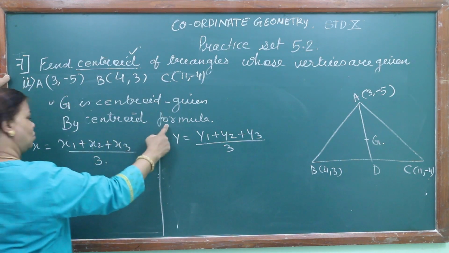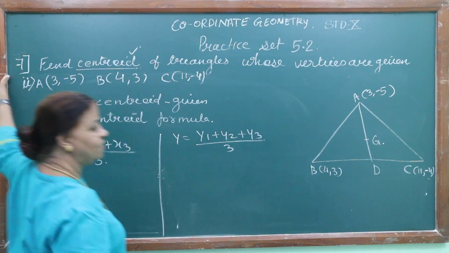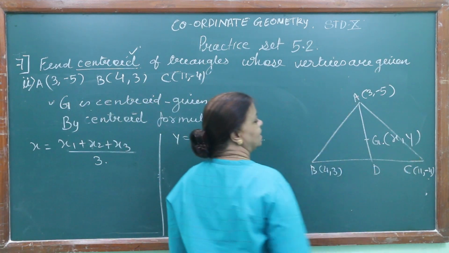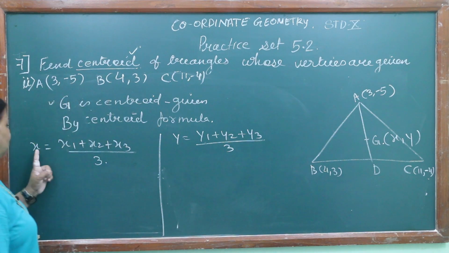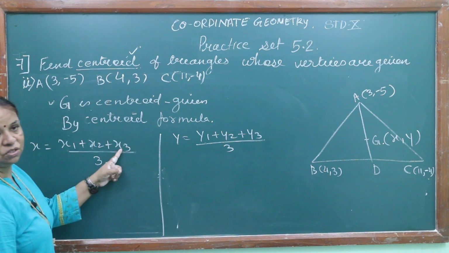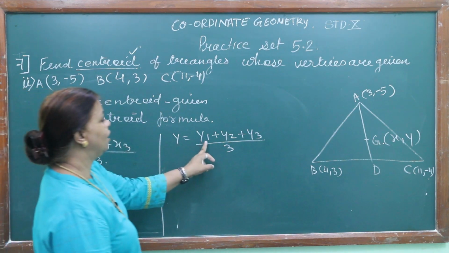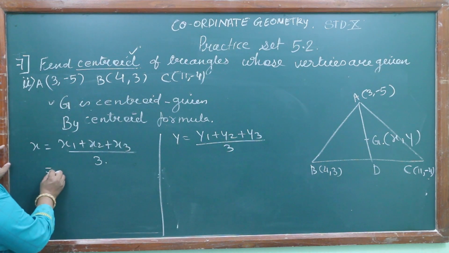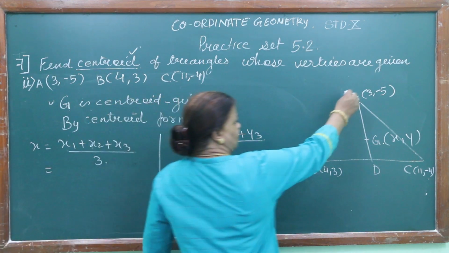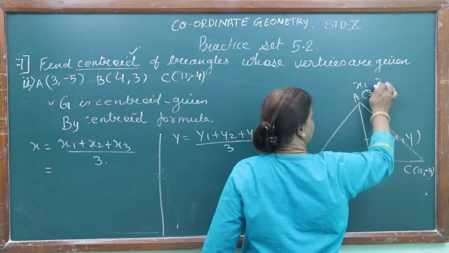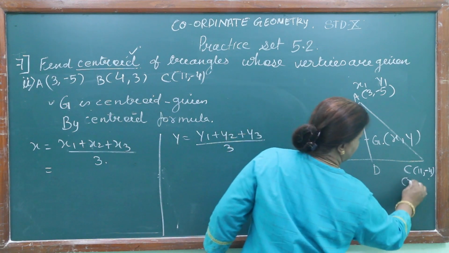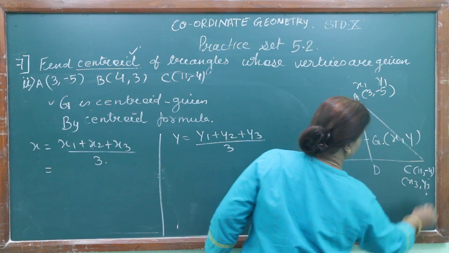So by the centroid formula, the x coordinate of G will be x1 plus x2 plus x3 upon 3, and the y coordinate y1 plus y2 plus y3 upon 3. Let us place the values. This one is x1 and this is y1, x2 and y2 and x3 and y3.